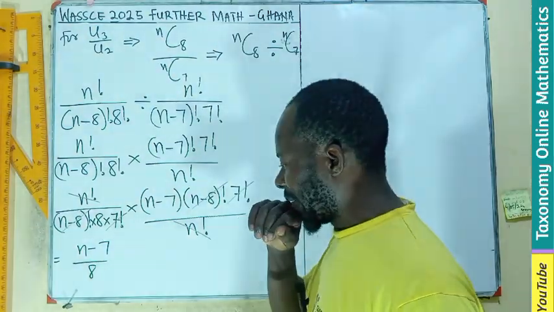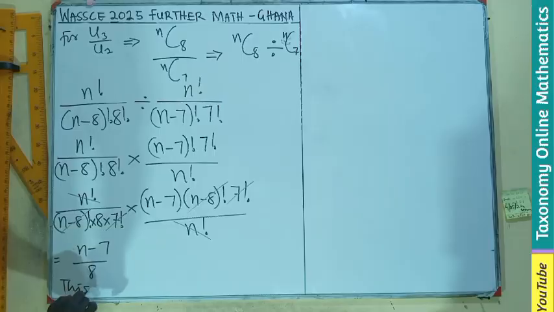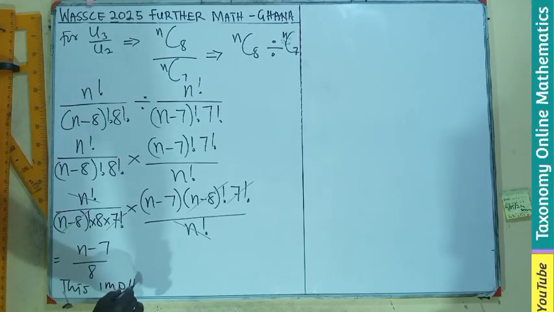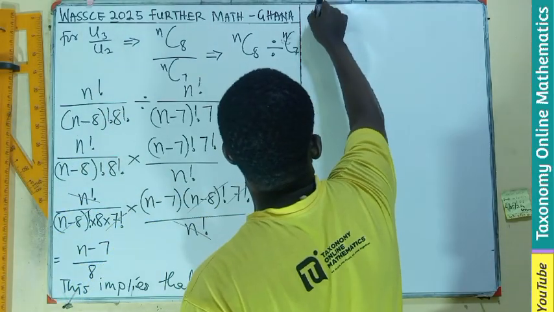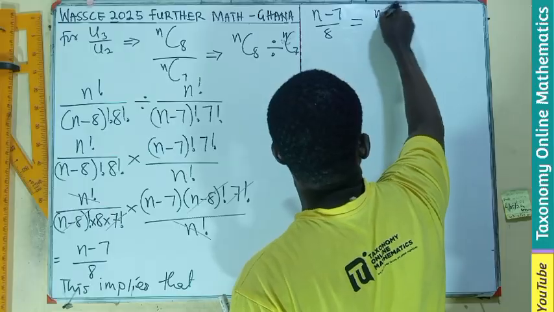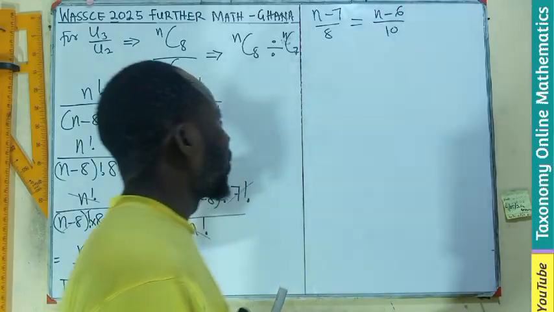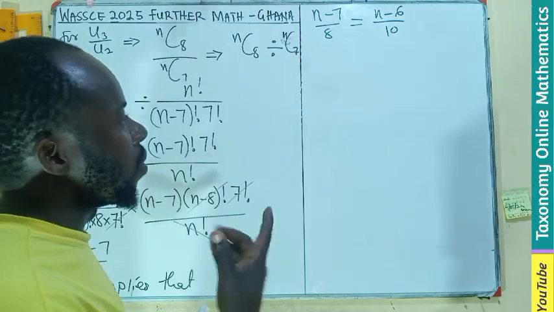So here we can say that this implies that n minus 7 over 8 is the same as n minus 6 over 10. We can multiply by 80 as the LCM or cross multiply.